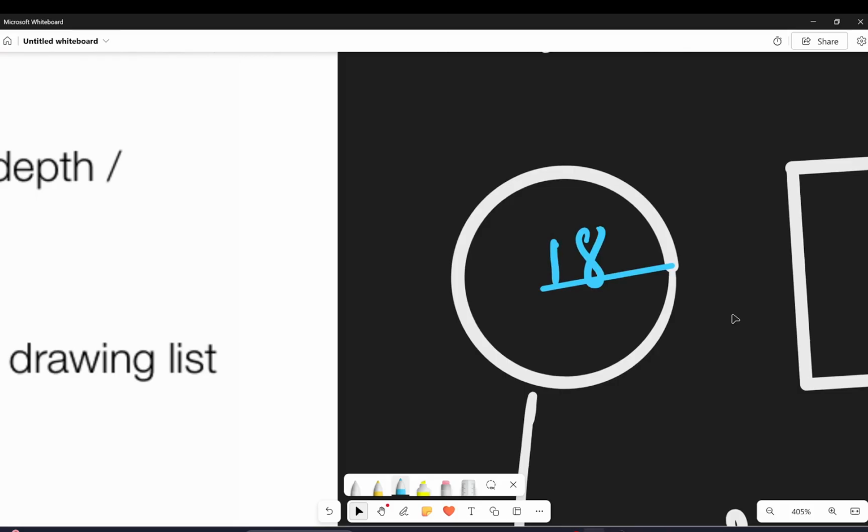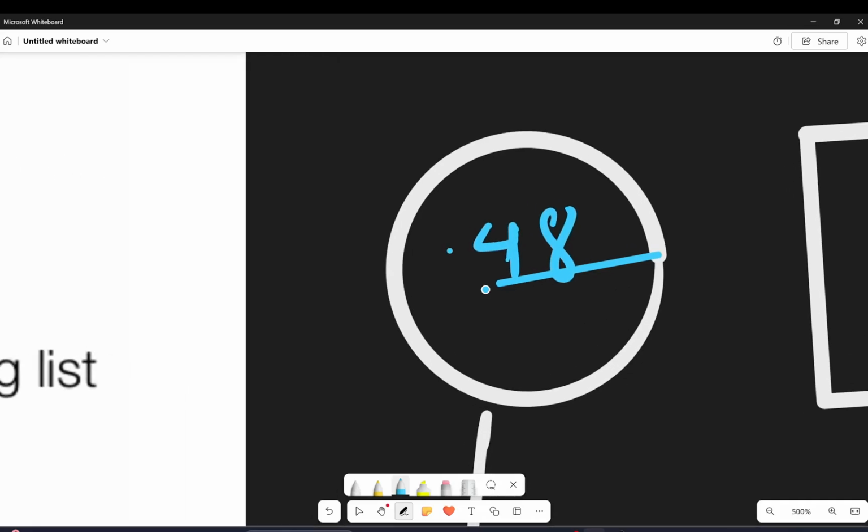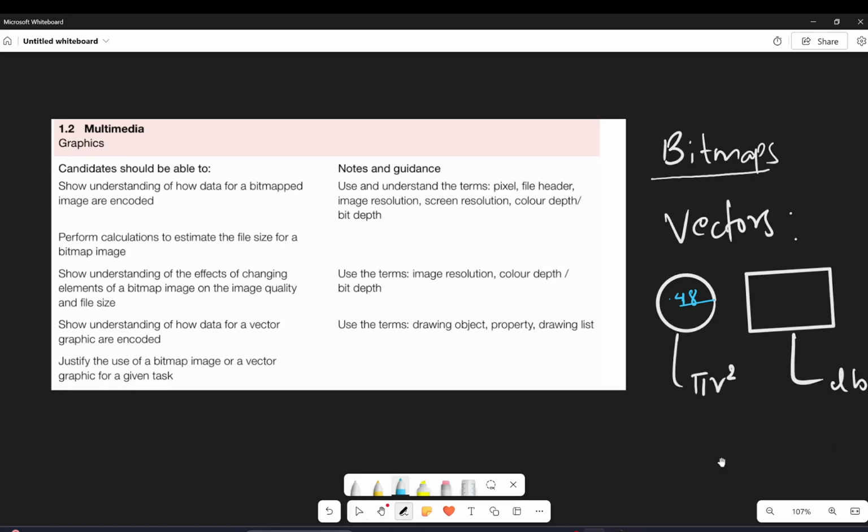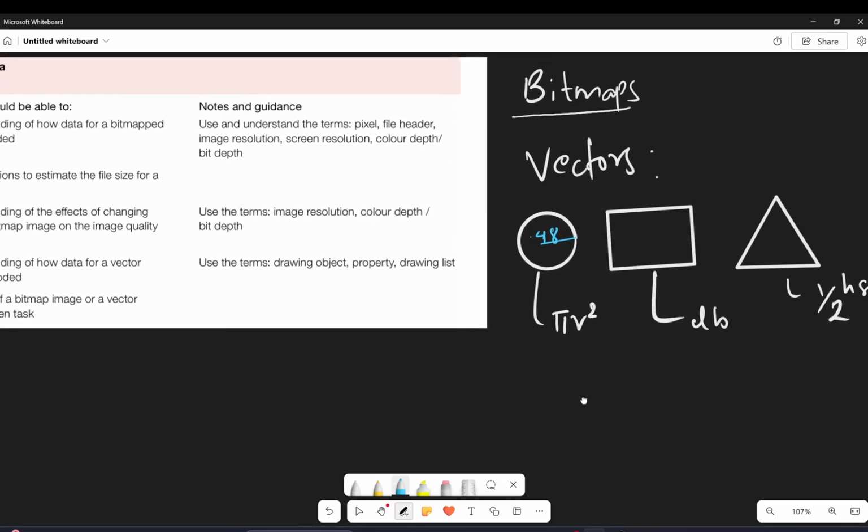Now this 18 could be 48, and with the increase in the zoom, the computer could adjust the formula and create pixels on the basis of that. So this is all about vector graphics.